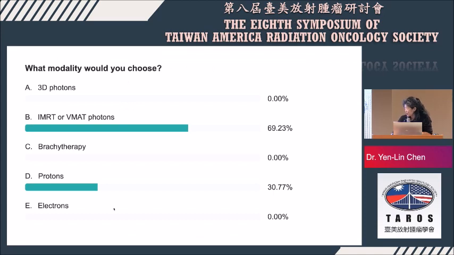Okay, so most would choose IMRT VMAT, and some would use protons. So that's actually pretty good.